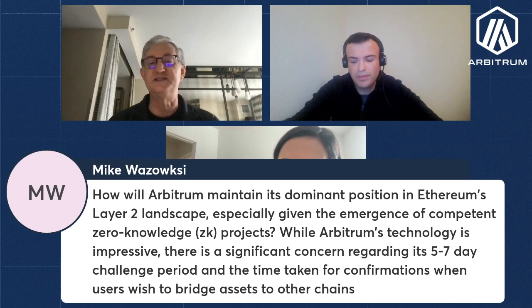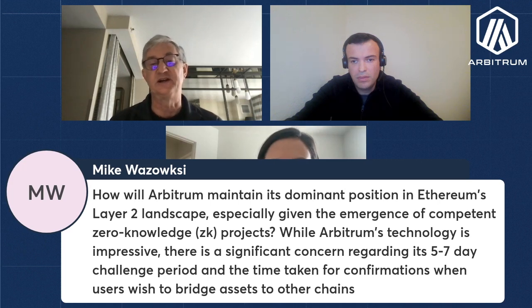And I don't think the ZK rollup projects that are coming onto the market can match that particular combination of features. The question did mention the challenge period. Now, the challenge period almost never matters to end users in practice, because for most transactions, Arbitrum still offers finality at close to the minimum time that any layer 2 can.